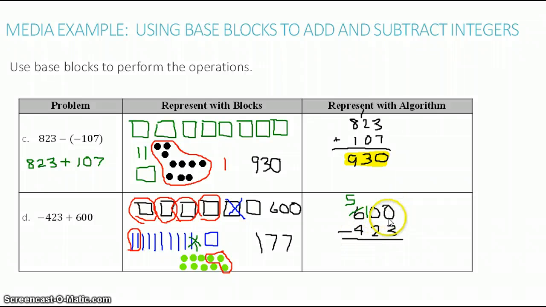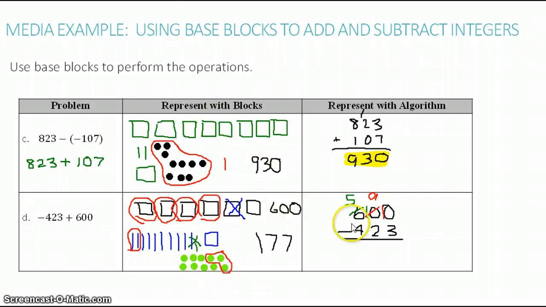But we still want to get over here to the units place, but now we can borrow 1 rod from these 10 rods, and that will give us 10 units. And that's exactly what we did here. We crossed out a rod and we made 10 units.